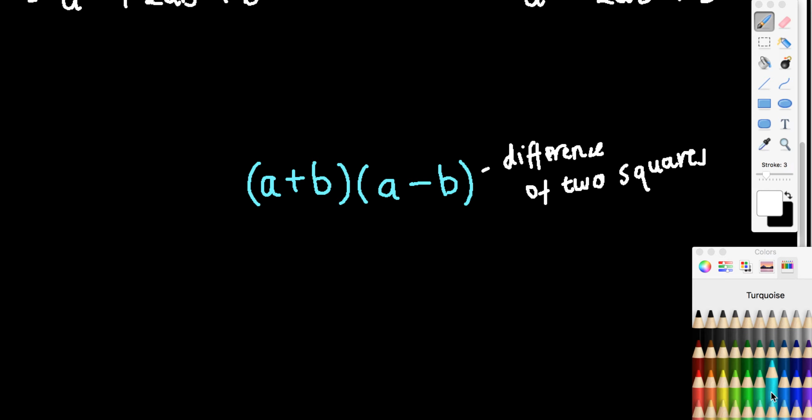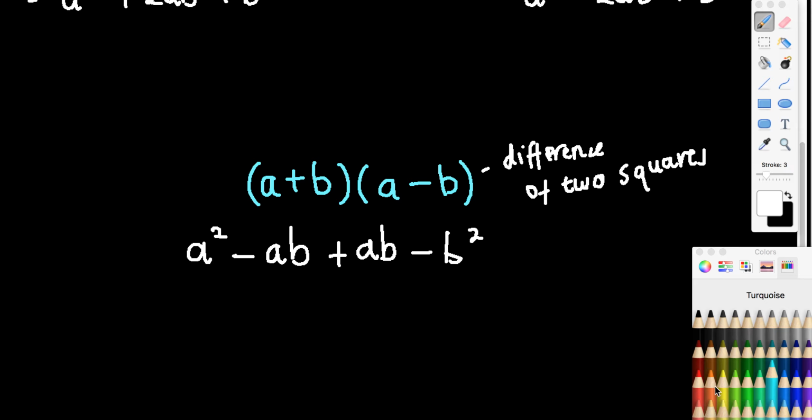Let's expand it. First of all, a by a. Next, outer terms, a by negative b, so negative ab. Inside terms, it's going to be positive ab. And then finally, b by negative b, minus b².